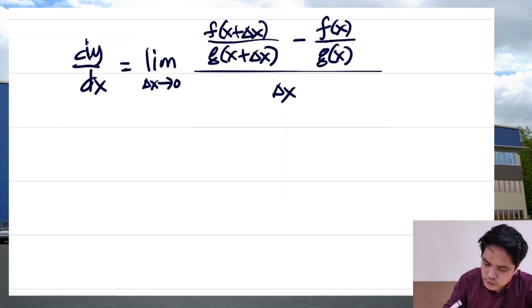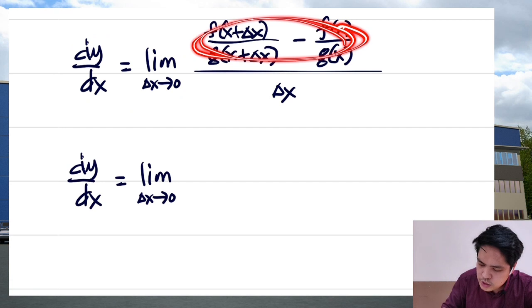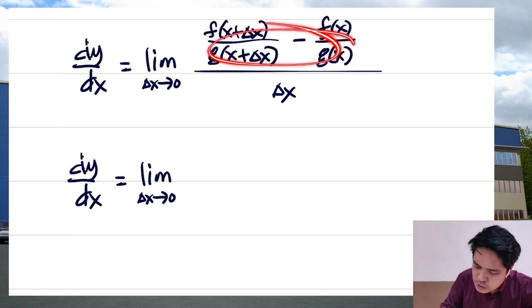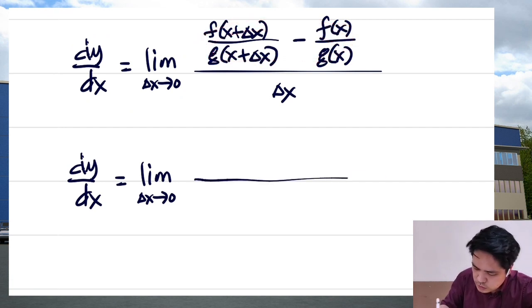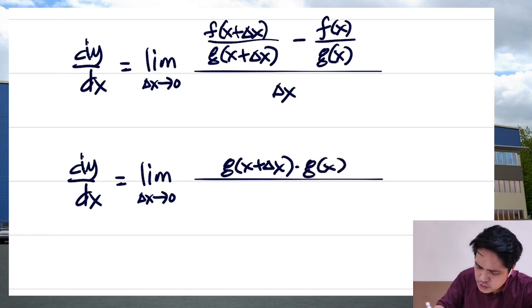Then we'll just simplify. Let me just copy this for convenience. Okay. Then dito we'll just combine these two fractions. So combining the two fractions, we'll have LCD muna g of x plus delta x times g of x.